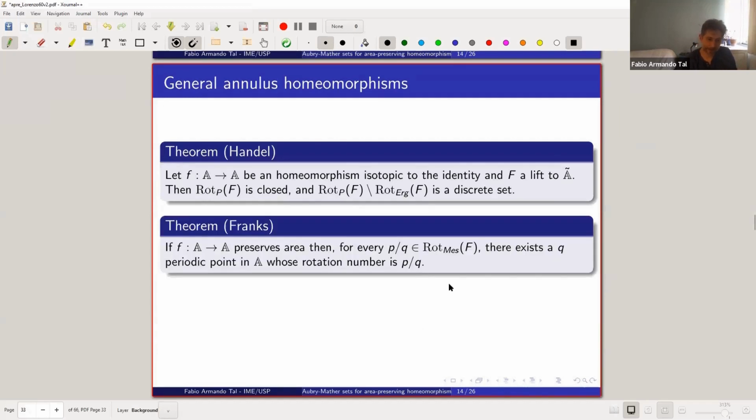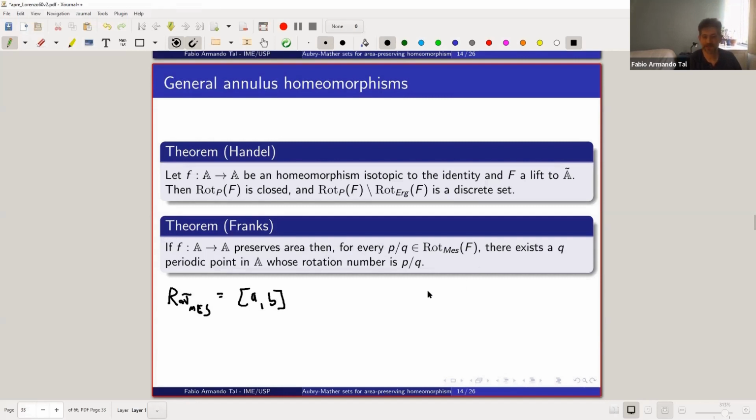And an intermediate, but important result, which was used, is the theorem by Franks that says that, okay, in the area preserving case, if you look at the rotation set, it is always an interval, AB.